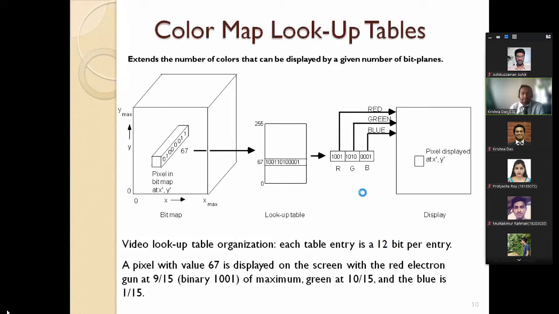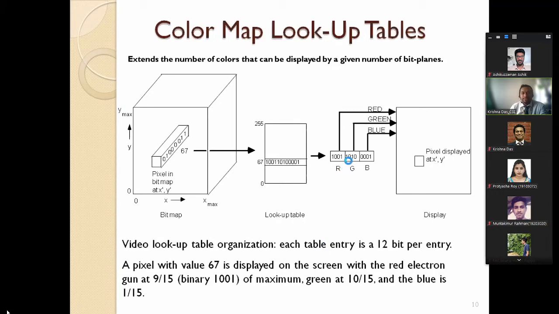Say any pixel value is 67, that means the address of it. How can we get that address? Maybe from the resolution they have, and from there the 67th pixel has the red electron gun at 9 by 15, as you can see, or maximum.